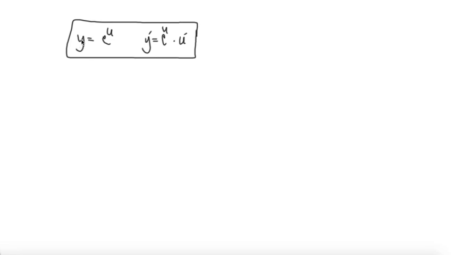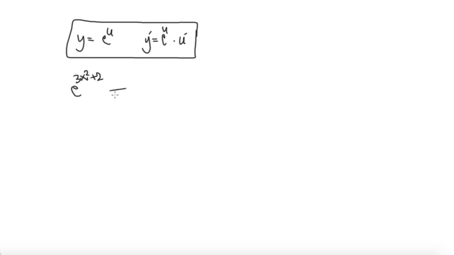Whenever you have any exponential function, when it is a natural exponential function, we need to keep the original function, then we need to take the derivative of the power. So this is it. For example, e to the power of 3x squared plus 2.